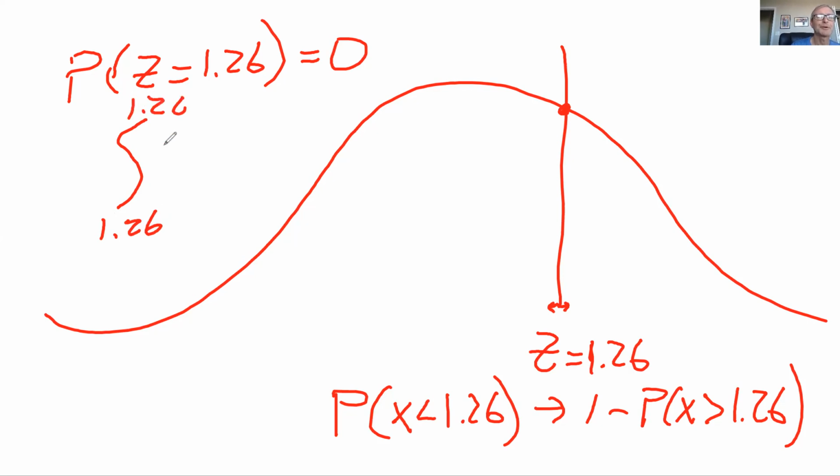If you take the integral of that function from the same point to the same point, it always ends up being 0. For those of you that didn't take calculus, don't worry about that. Just trust me that the area of a single point underneath a continuous distribution is always 0. You can't take the area of a curve at a single point unless it's discrete. And so here we're never going to do the equal aspects of it.